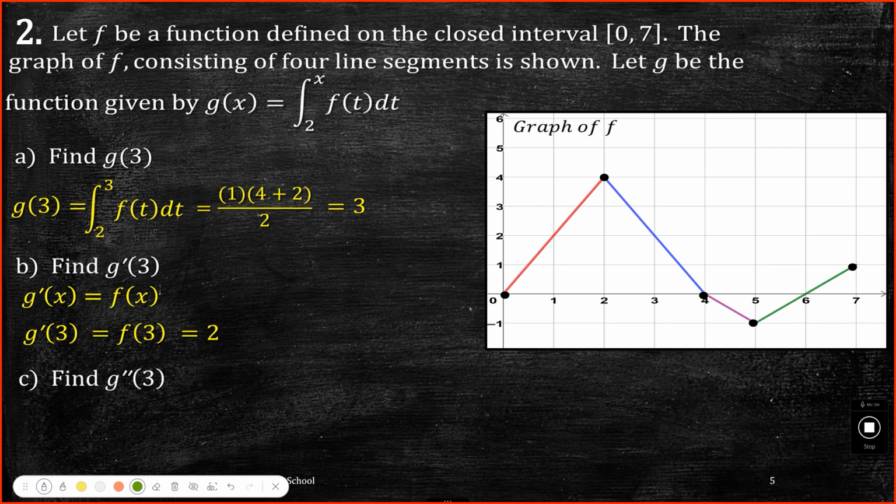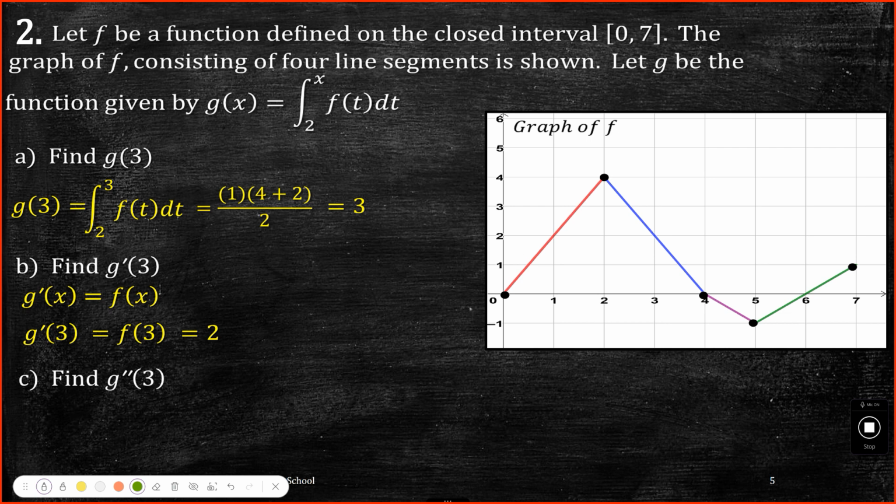G double prime of 3. What did we say in the chart that we just barely did?